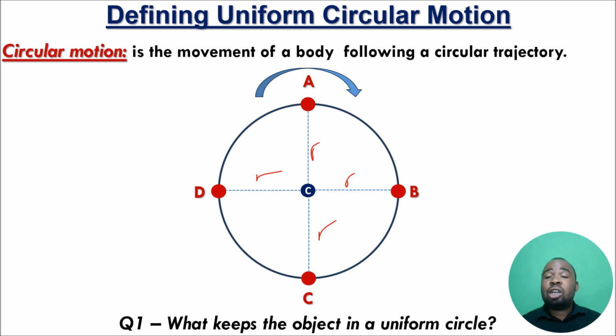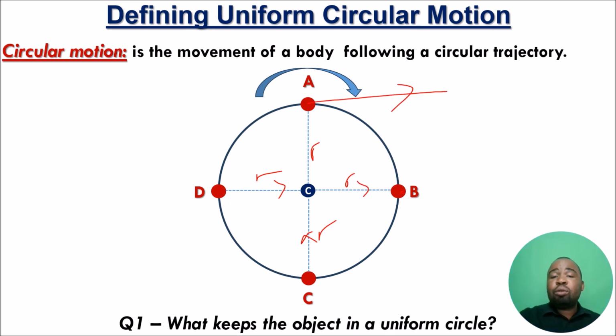Now, the key question we want to answer first, as we come to describe the properties observed by an object in a circular path, is: what keeps the object in a circular path? What keeps the object in a circular path? You will come to know that if there was no force acting towards the center, this object was supposed to fly away.